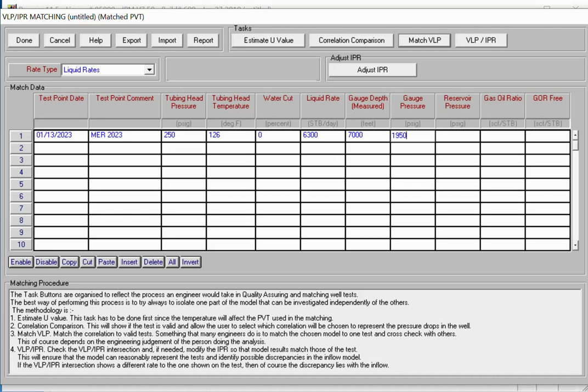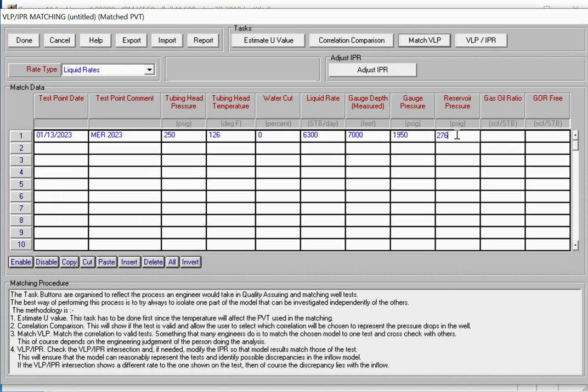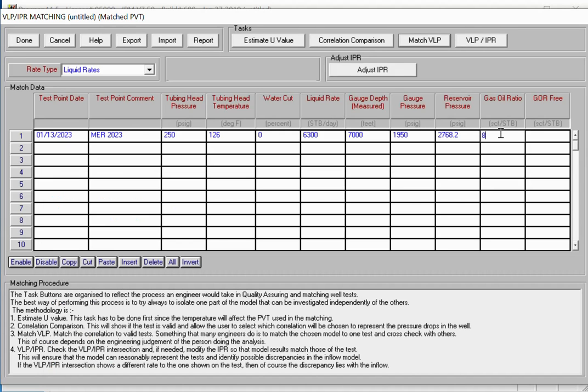Okay, the reservoir pressure from the PHP test that was conducted around that time is 2768.2. And then the GOR is 845, still at 845. That's good for us. I'm using 846. Okay, the GOR free is at 0.